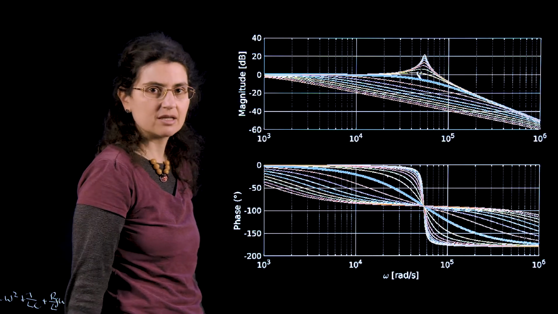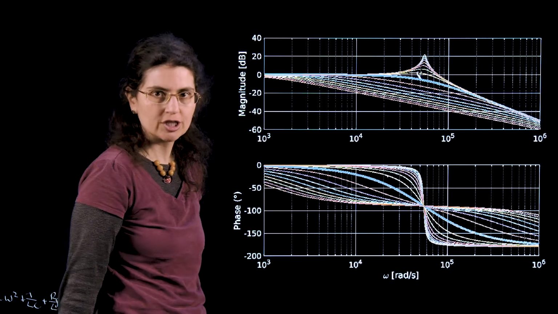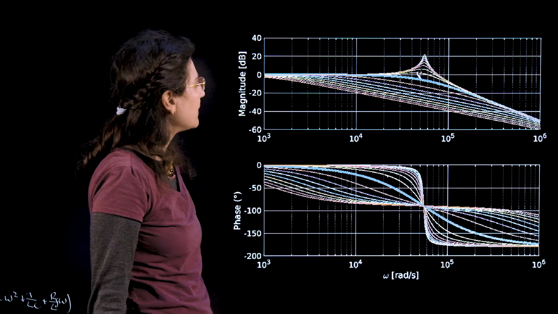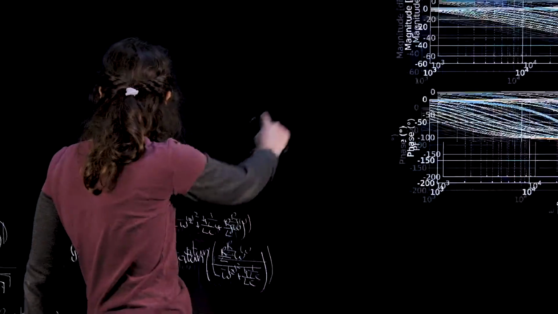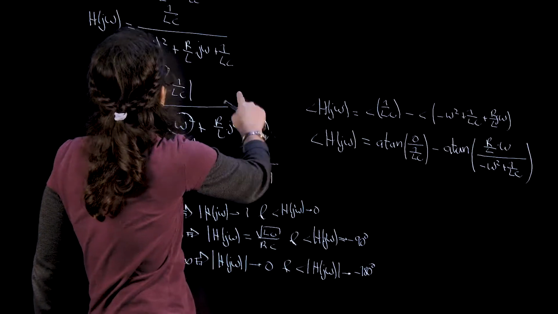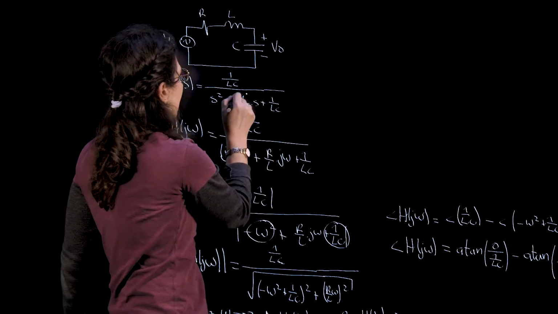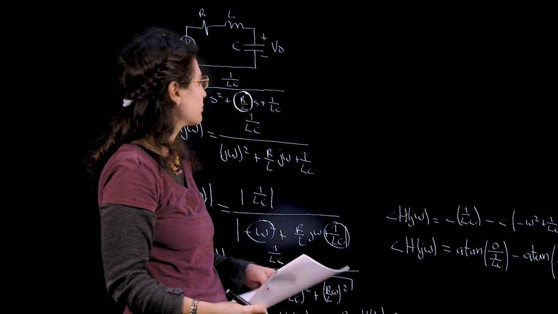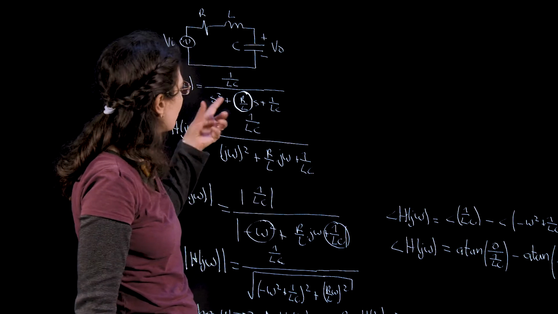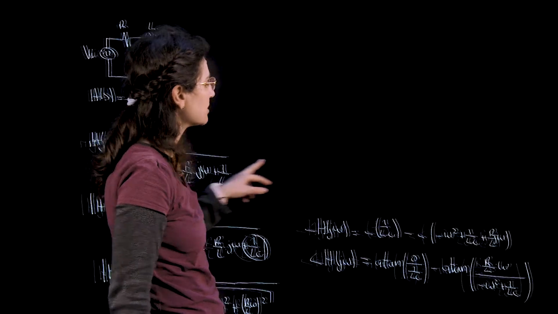And one important thing to note, in this case of the series circuit, we mentioned before that the damping factor is directly proportional to the resistance because of alpha. Alpha is R over 2L here. This is 2 alpha, so alpha is R over 2L, and my damping factor is alpha over omega, so my damping factor is proportional to the resistance.